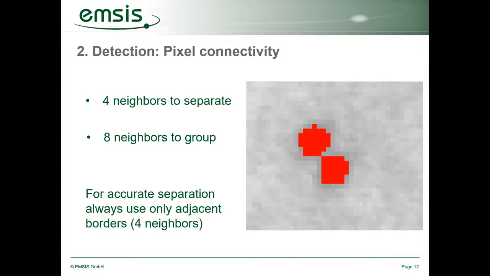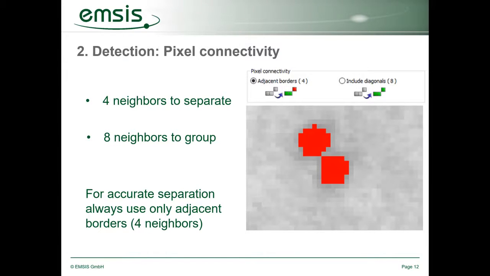This is a parameter which lets you decide how accurately you would like to separate your particles. It's very much depending on your analysis task what you should select here. If you just choose advanced borders, only the direct neighbors of a pixel will be taken into consideration to decide if the pixels belong to one particle or if they should be separated into 2.